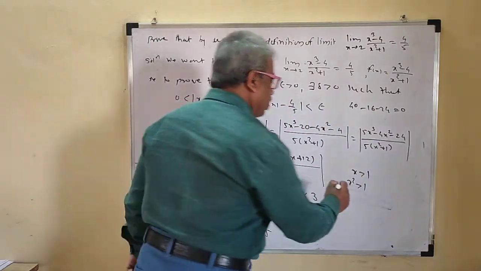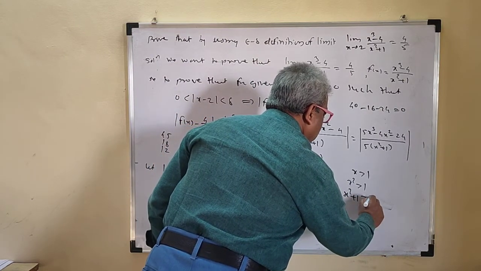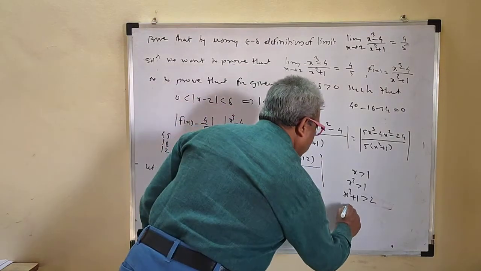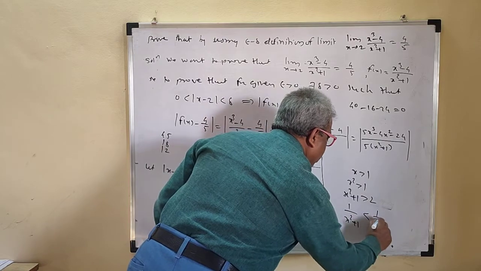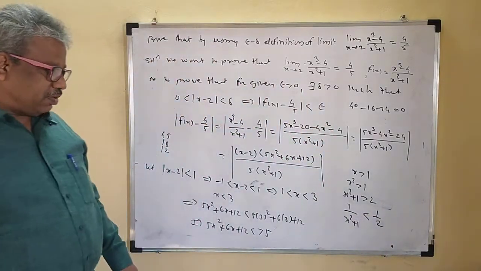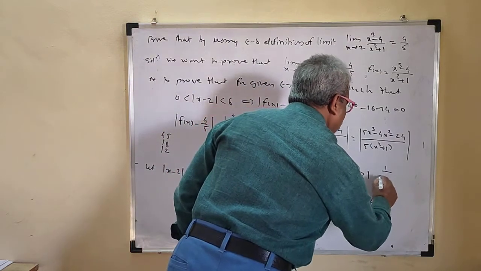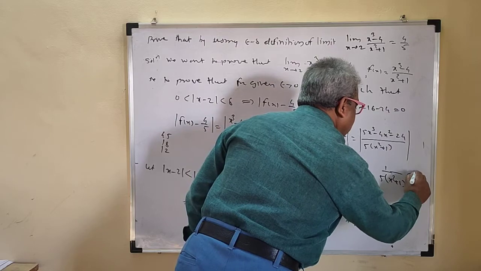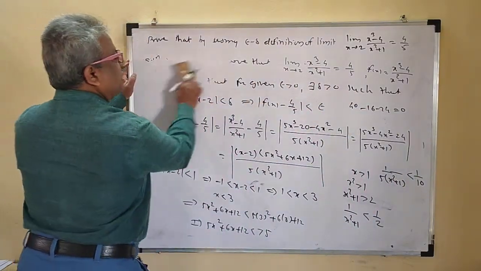So 1 upon x square plus 1 is less than 1 half. And 5 is there, so we multiply by 5. Therefore 1 upon 5 into x square plus 1 is less than 1 upon 10.